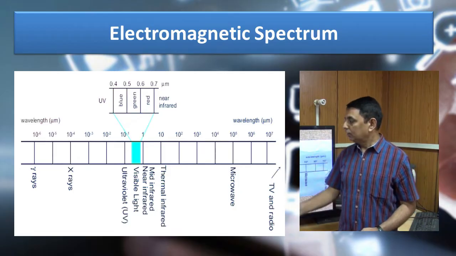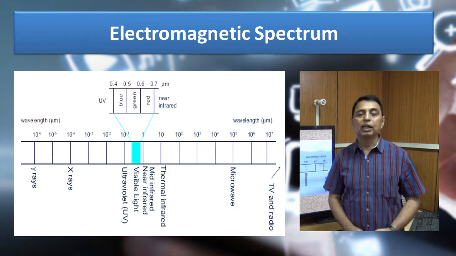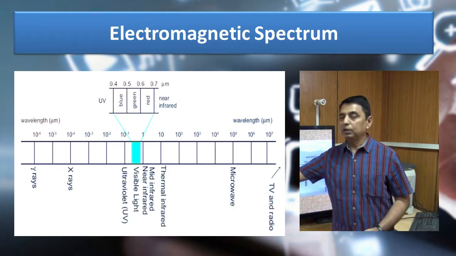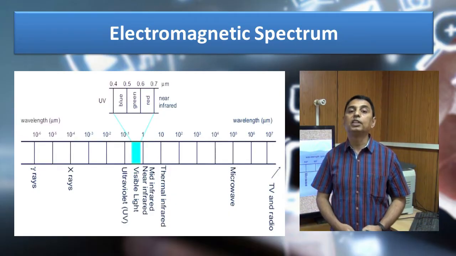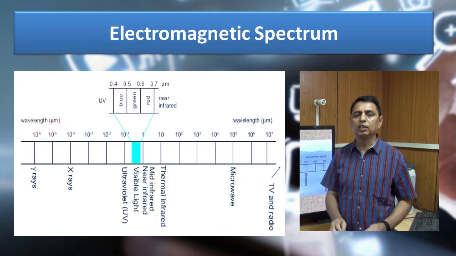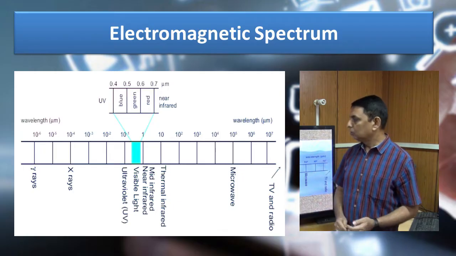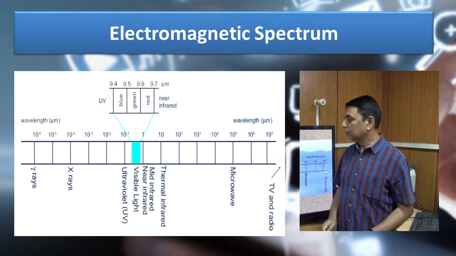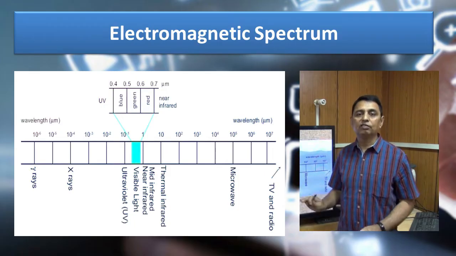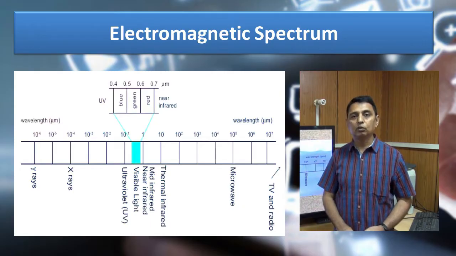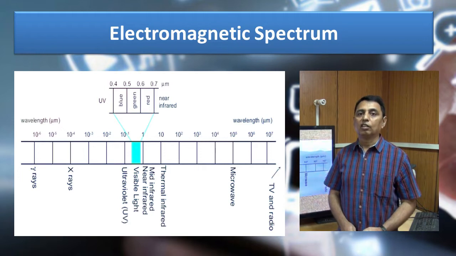Here we cannot use X-rays or gamma rays or the rays in between, because those rays are harmful for living organisms, for plants, human beings, animals, anything. So we are using only visible and infrared. Mostly the infrared and visible range we are using for detecting any object.